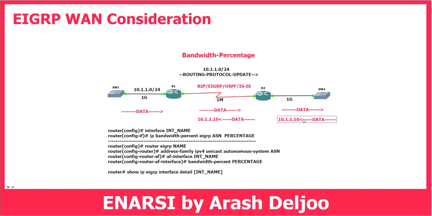Router 2 can forward it to router 1, and then from router 1 to the destination network. Actually, we have two types of traffic on one WAN interface or one WAN link: control traffic, such as the routing updates, or control plane traffic, and also data traffic.